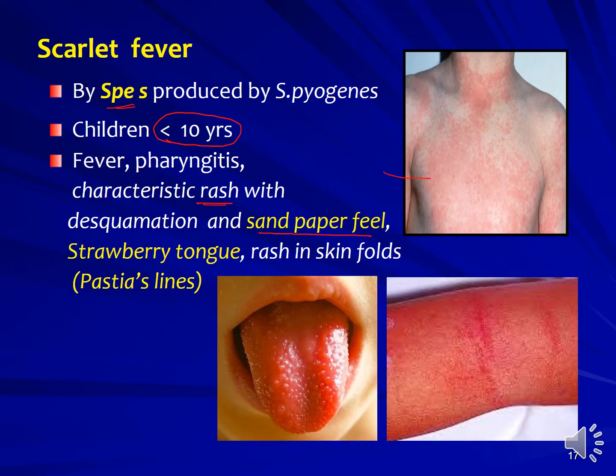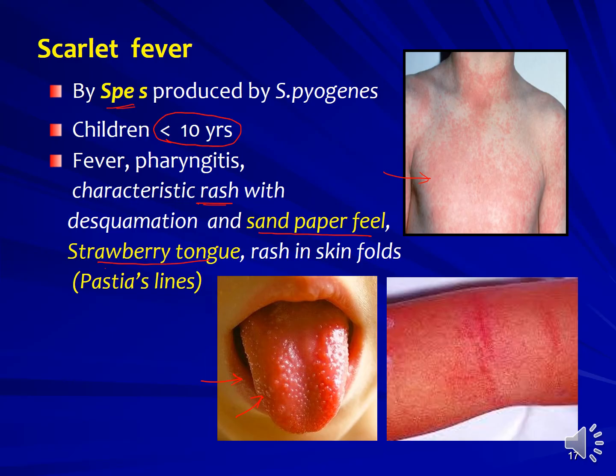A kind of rash is seen on the body, and the tongue appears with a kind of lesion, a strawberry appearance. This is known as strawberry tongue, and it is because of this toxin activity.